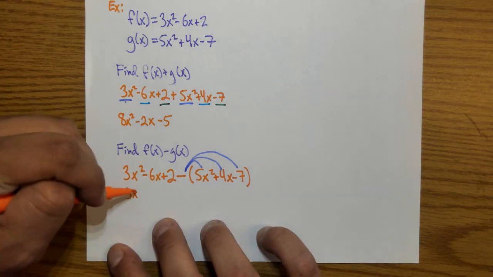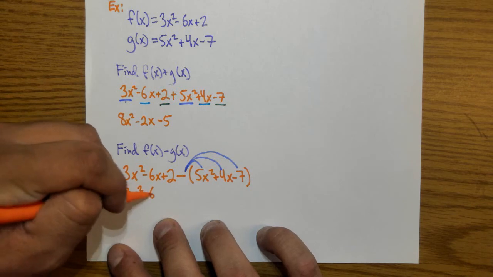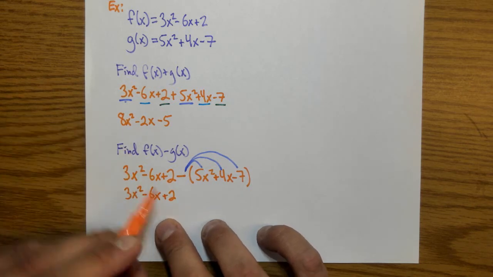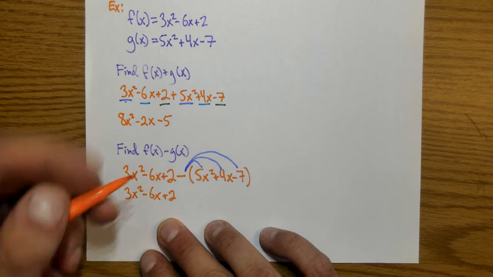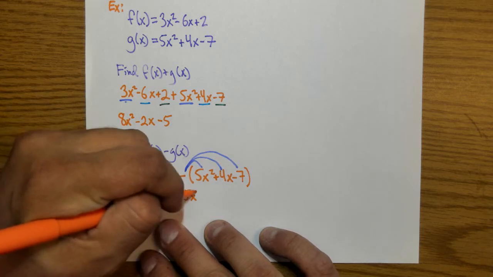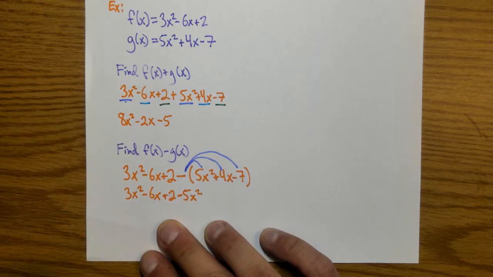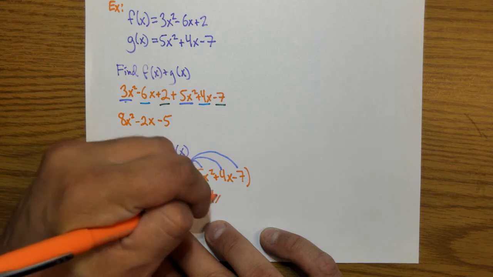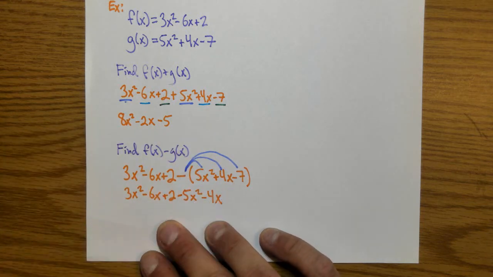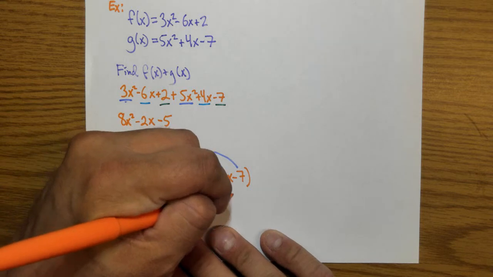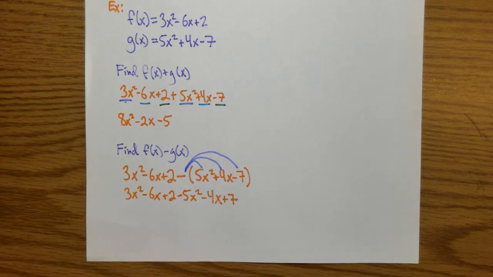This first function doesn't do anything, so 3x squared minus 6x plus 2. And then negative times 5x squared is going to give us negative 5x squared. Negative times 4x is negative 4x. And negative times negative 7 is positive 7. So now that we've distributed, now we can combine.